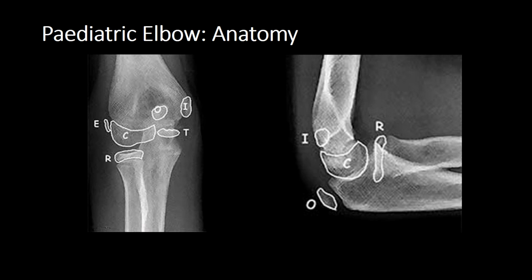Conversely, the lateral or external epicondyle is projected away from the host bone of the humerus, and in some cases, because of the diverging ray of the radiation beam, it can appear projected quite some distance from the adjacent host bone, and that mustn't be misconstrued as an injury. So the medial epicondyle superimposes the host bone, whereas the external or lateral epicondyle does not.